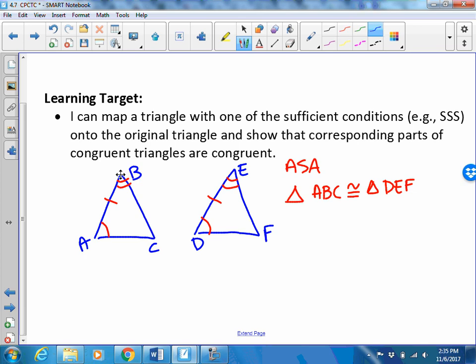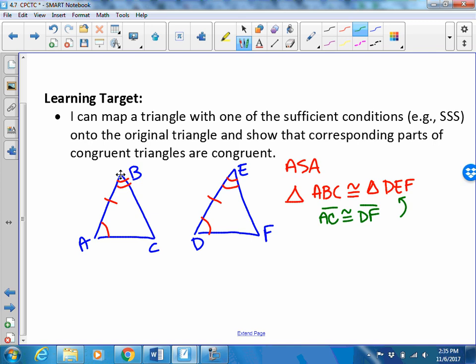But going back to the basic definition of congruent triangles, even though I only talked about the one angle, the one side, and the other angle, all of the other parts are also equal. For example, I also know that AC is congruent to DF because I just showed the triangles were congruent.